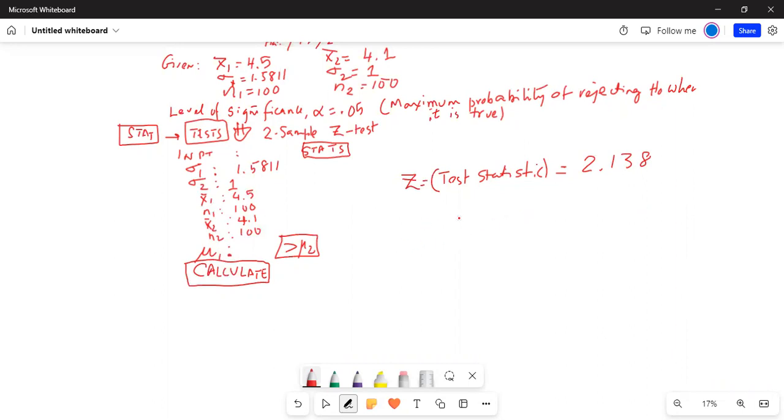Okay. Next, we look for the p-value. P is equal to 0.016.